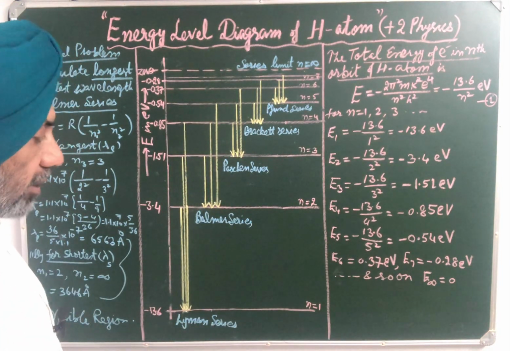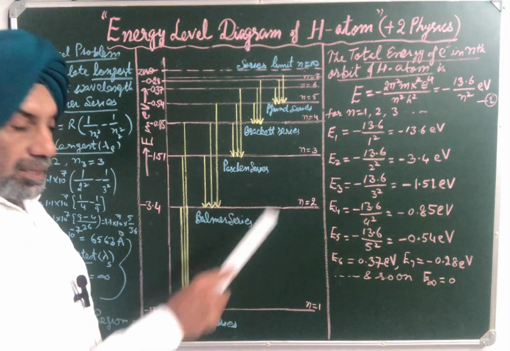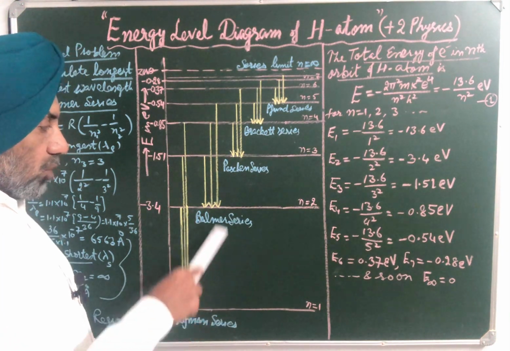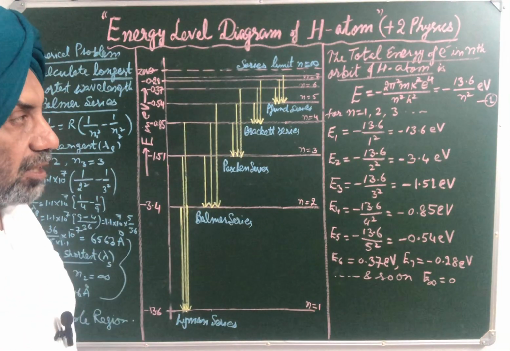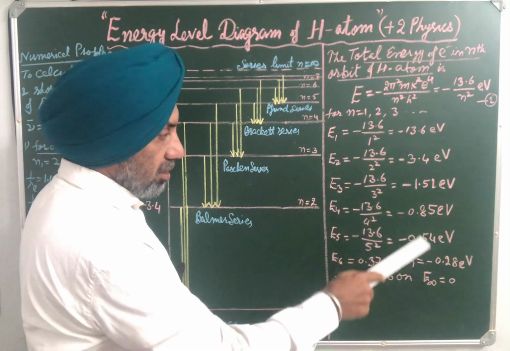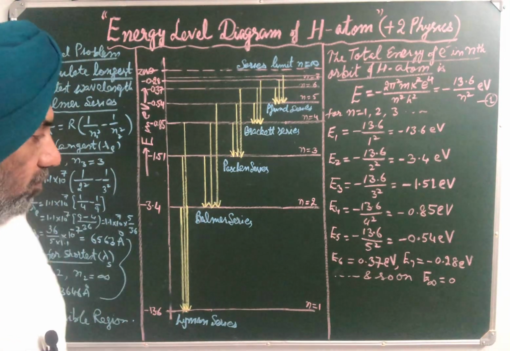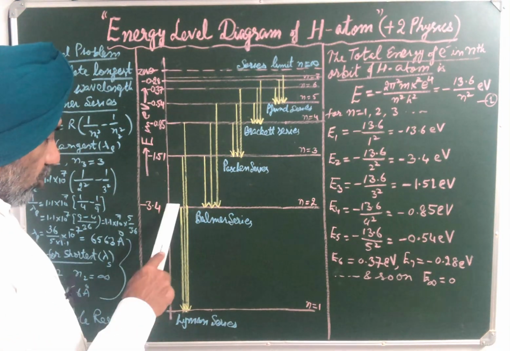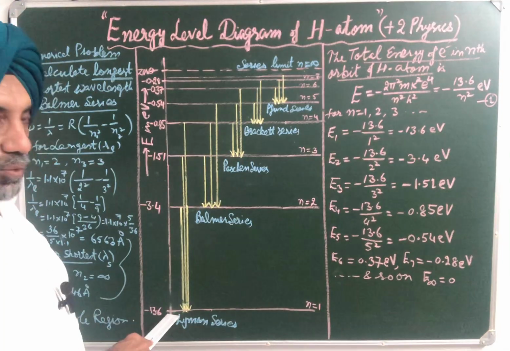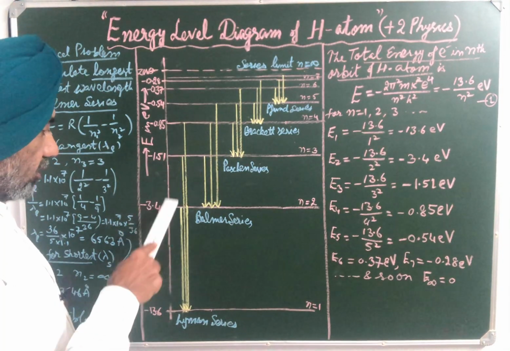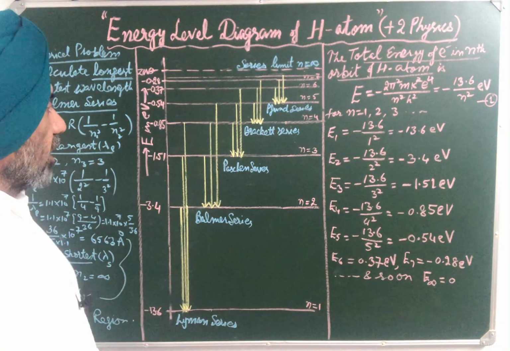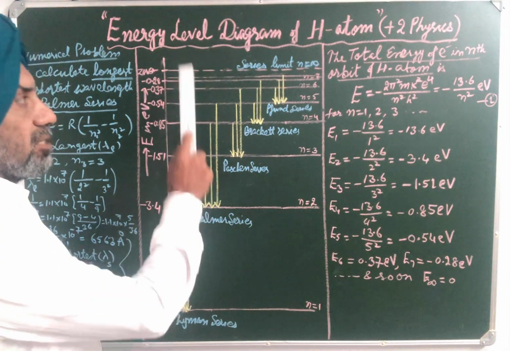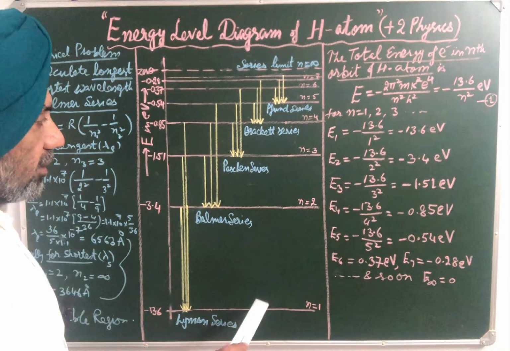One thing is clear: as n increases, the gap between two consecutive energy levels goes on decreasing, as can also be seen from these values. This difference is about 10.2 electron volt, and this difference is only about 1.5 electron volt, and so on. This difference goes on decreasing as n increases.